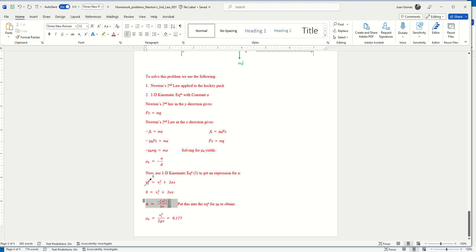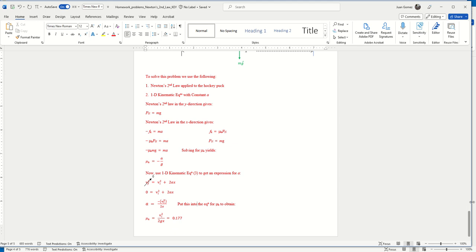I'm just taking this expression for a, the minus vi squared over 2x, and plugging it in right there for a. And you get mu k is equal to vi squared over 2gx, because the minuses will cancel.